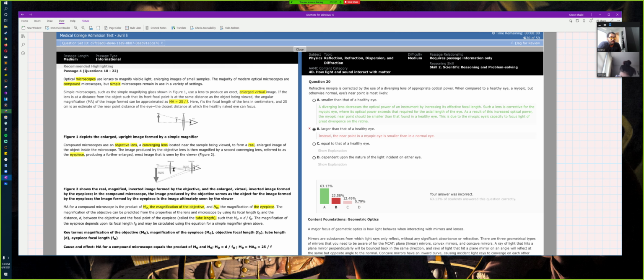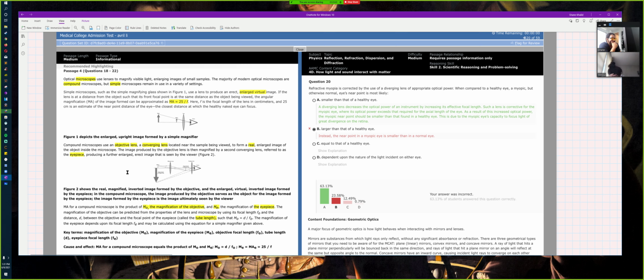A real image will produce a picture. So the objective lens produces an actual real enlarged image of the object inside of the microscope, and then a second converging lens magnifies it even more.